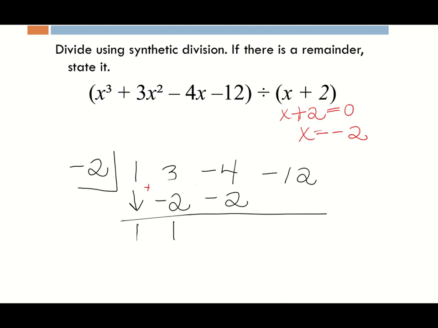I'm going to add them up. I get negative 6. Negative 6 times negative 2 is going to give me 12. And when I add them up, I get 0. The number that I end with here is going to be my remainder. So in this case, I don't have a remainder.